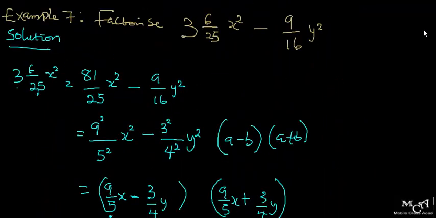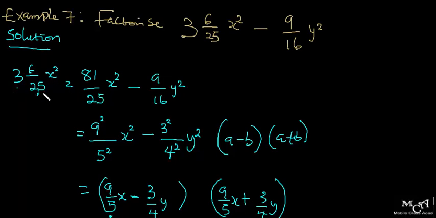Let me quickly run us through this question again. We have proper and improper fraction given as our equation. So the first thing we did is to solve it one after the other. We have 3 whole number, 6 over 25x squared.